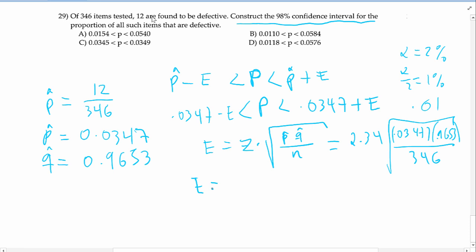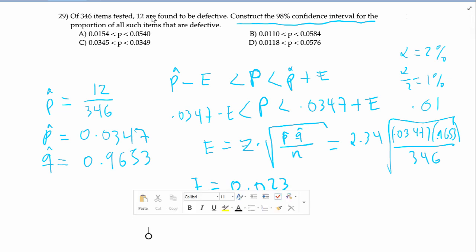So E is equal to, all right, what is P again? 0.0347 times, what is Q? 0.9653, divided by 346, then the square root of that, and then we multiply this by 2.34, and I get this number to be 0.023.